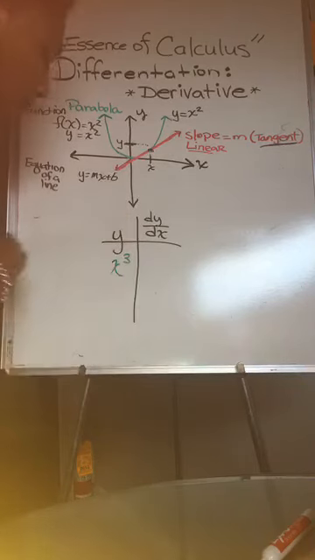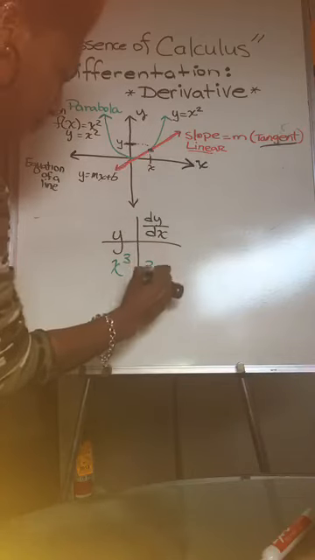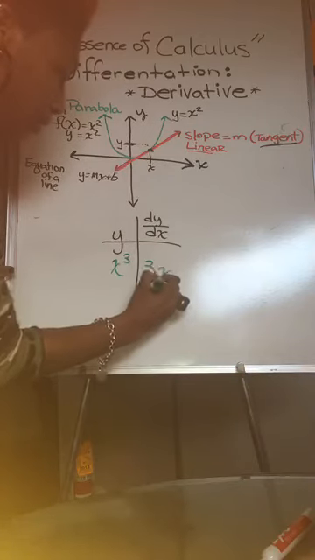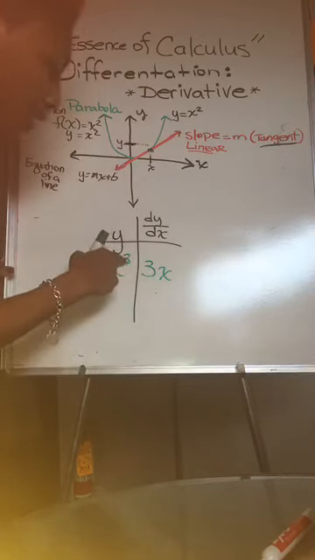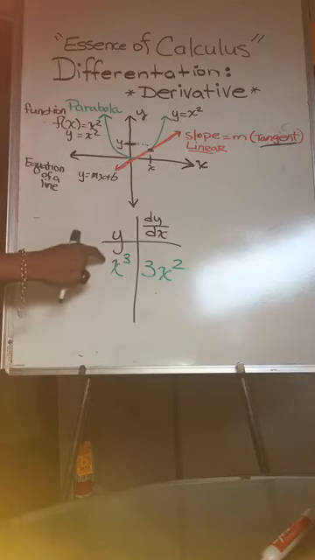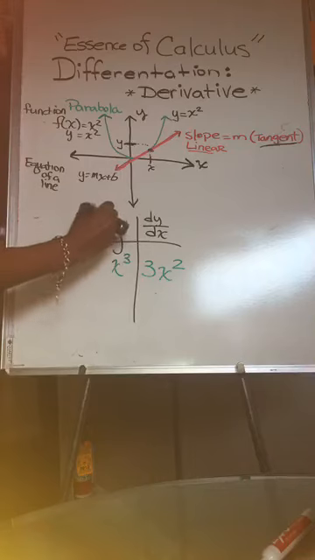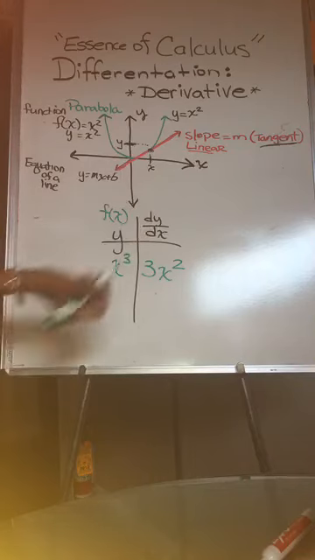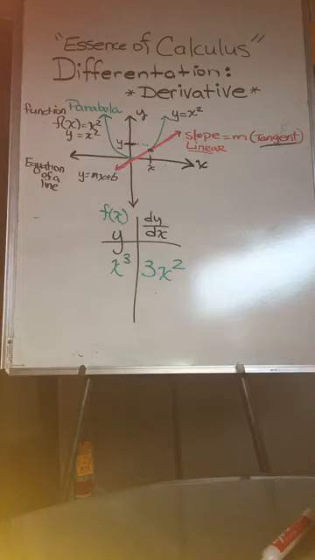I would say 3 multiplied to x, and I would subtract 1 from 3, which is 2. So this function, which remember I said could be called f of x, is the same as saying y. That represents a function. It's not a line, it's not an equation of a line.